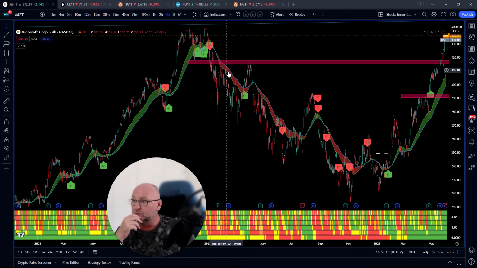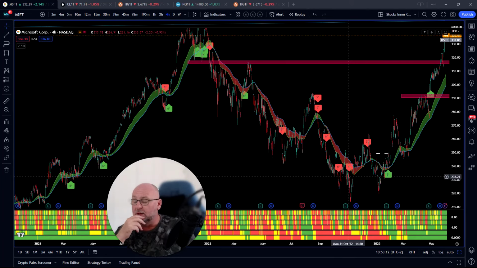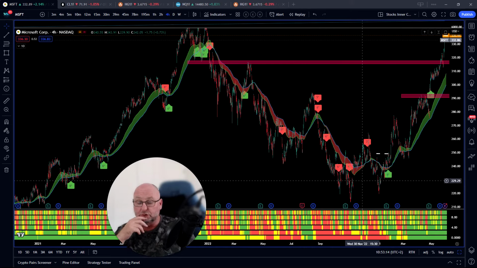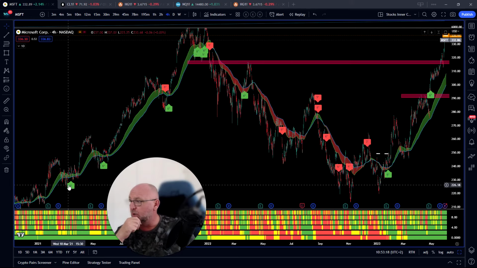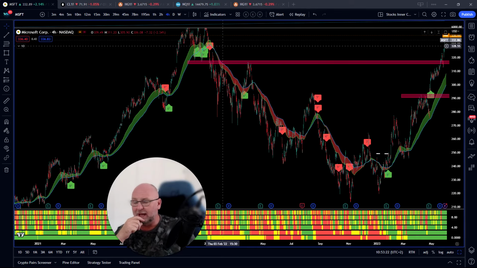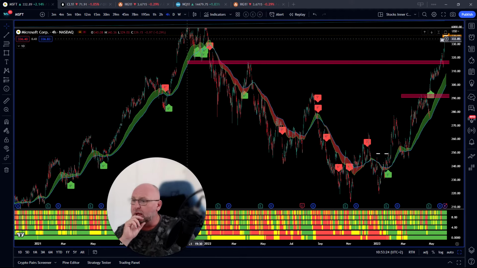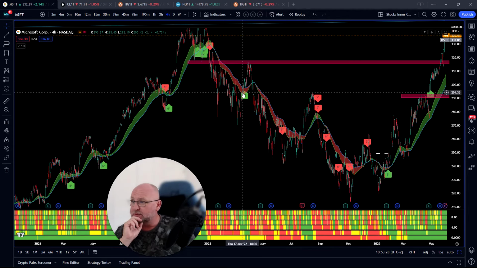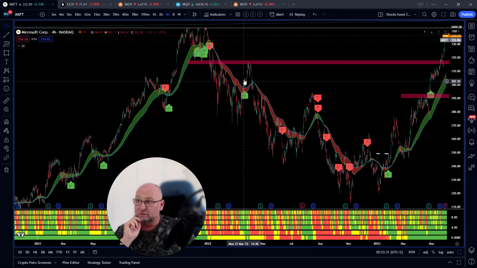Basically 2022, we've had a pullback in regards to Microsoft. We had a great 2021, and these 6-star buys here I was adding. Didn't add near the highs, never do. Always wait for a pullback, and then when we get a pullback, this 6-star buy here, I did add some more, but it found resistance and came back down again.